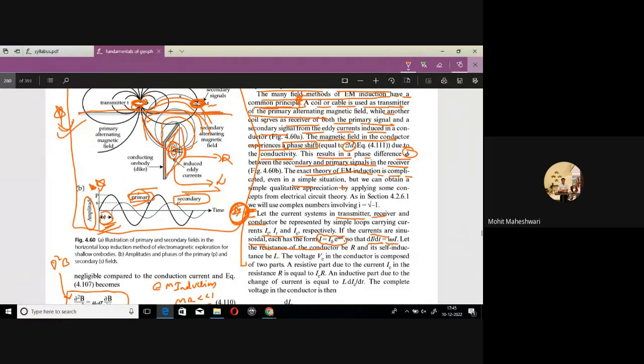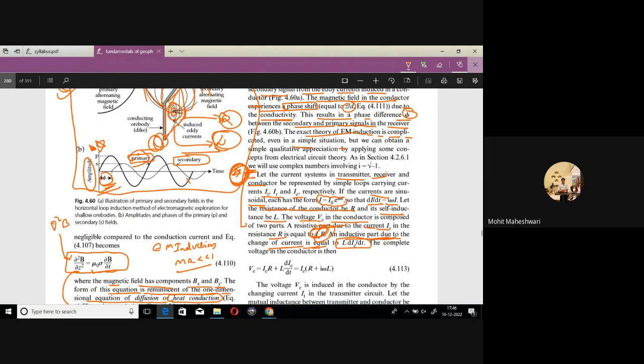The resistance of the conductor is R and the self-inductance is L. The voltage VC in the conductor is composed of two parts. That's very, very important. One is the resistive part and another one is the inductive part. The resistive part, due to the current IC in the resistor R, is equal to IC R, and the inductive part, due to the change of current, is equal to L dIC by dt.